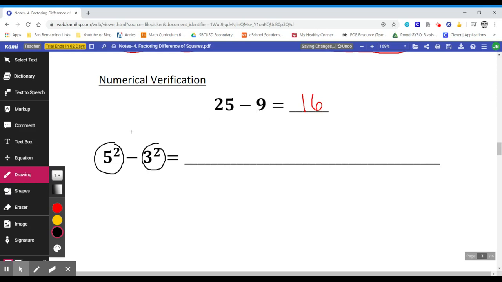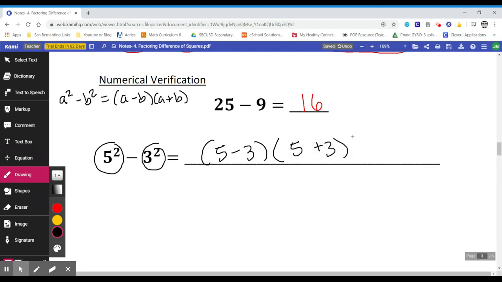Now the formula says if I have a squared minus b squared, I can just straight up jump to the answer of the factors. That is a minus b multiplied by a plus b. So in this case, this is going to give me the factors of 5 minus 3 multiplied by 5 plus 3. And if you actually check out the numerical verification for this, it does work out.